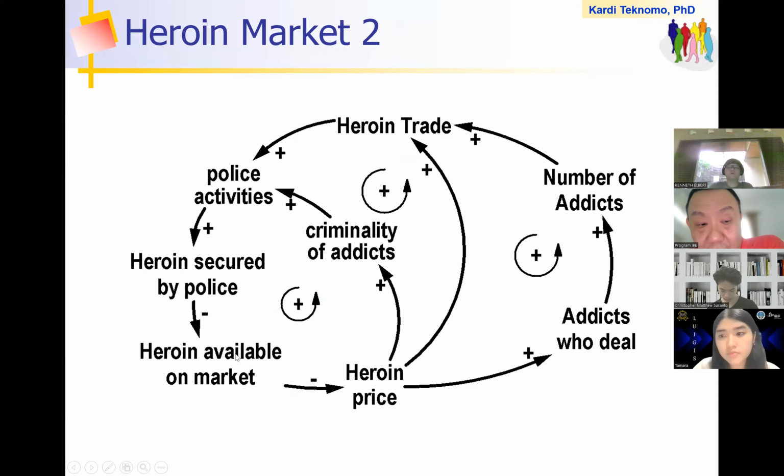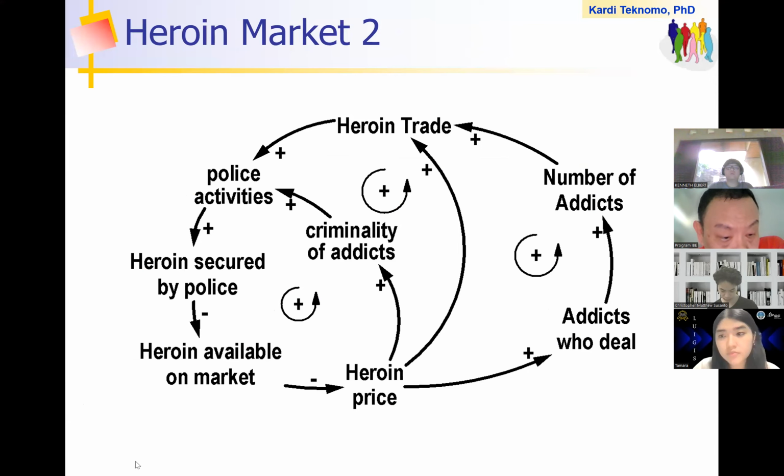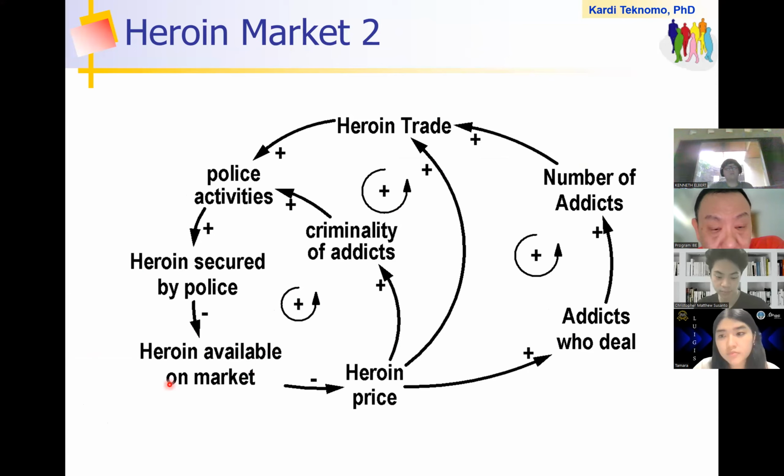So in that case, here, when the heroin available in the market decreases, the heroin price increases. When the heroin available in the market increases, the heroin price decreases. So this is demand and supply. So the previous cycle is wrong in the positive and negative.